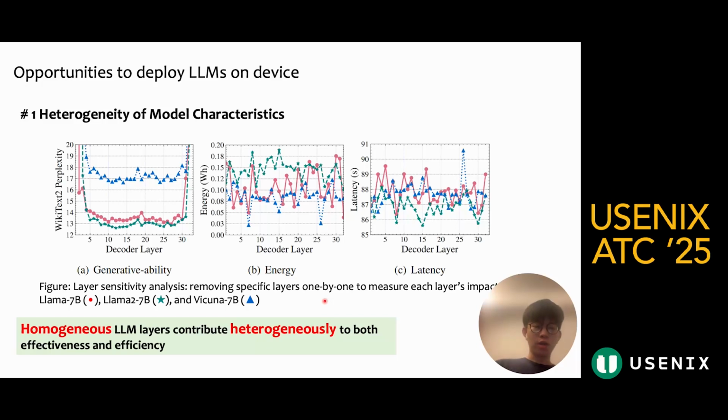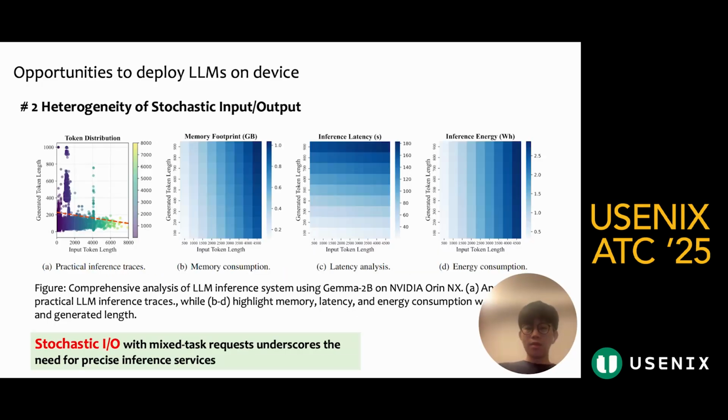Therefore, the first opportunity is that layers with the same architecture have heterogeneous impact. Secondly, unlike traditional DL models with fixed input and output formats, real-time LLM requests have dynamic prompt and output lengths.